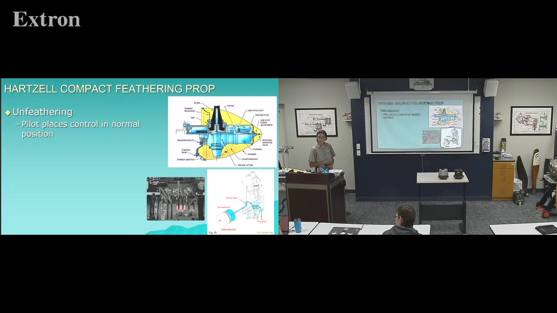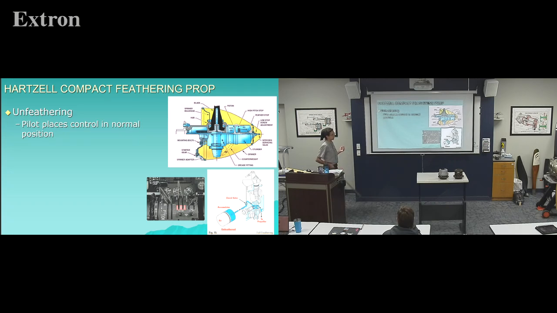Is the accumulator feeding right back the other way, through the governor, through an extra passage? Yes, because it has a special unfeathering accumulator adaptable governor. Not all governors have those extra passages.